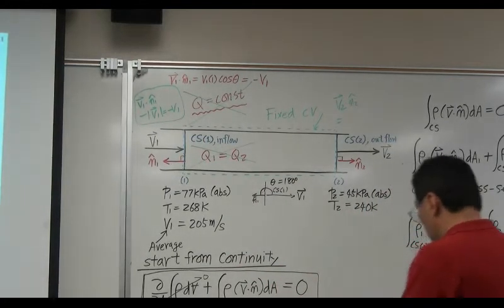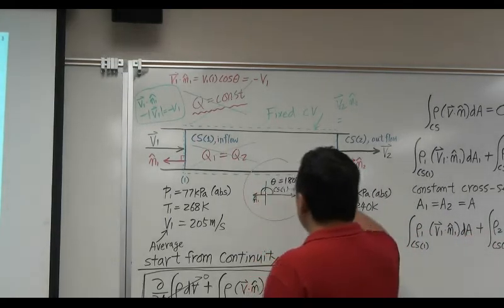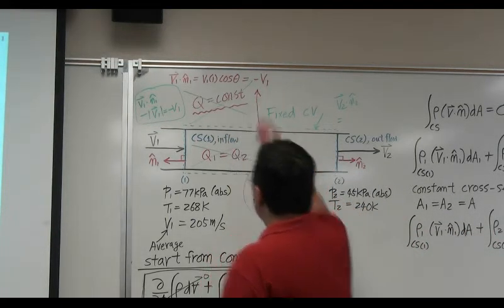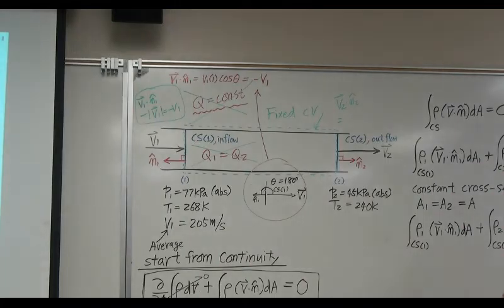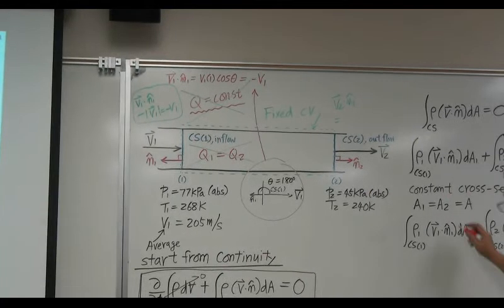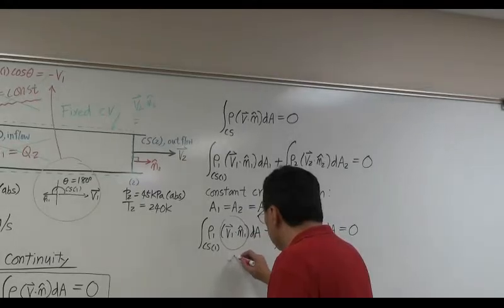So if you take the dot product, it's going to be minus V1. So you really do know this is minus V1.